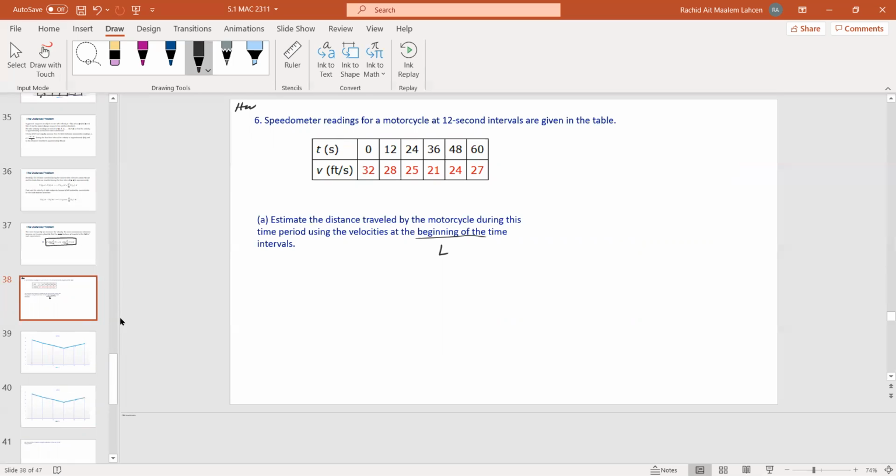A quicker way for the left, of course, is you're going to start with the first one. So we have a 32, and next a 28, and a 25 and a 21 and a 24, because we started from the left. This is going to be picked up in times 12, so that's a common factor, because 32 times 12.